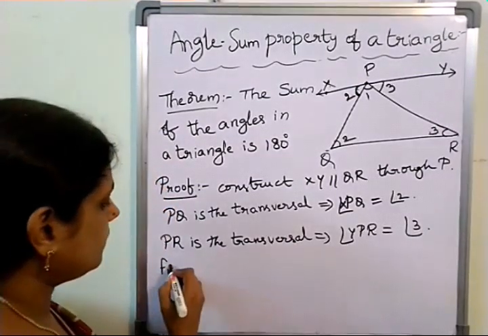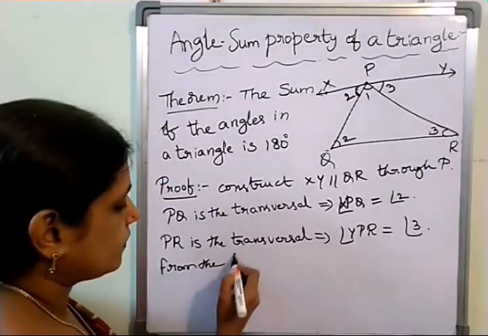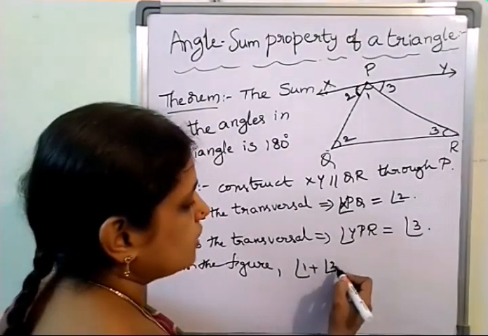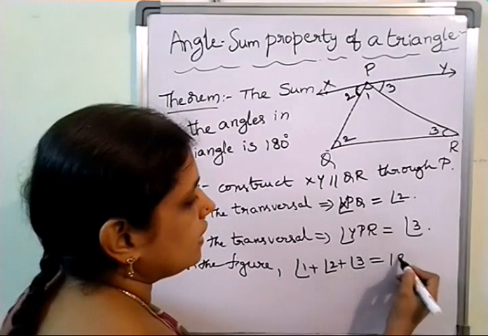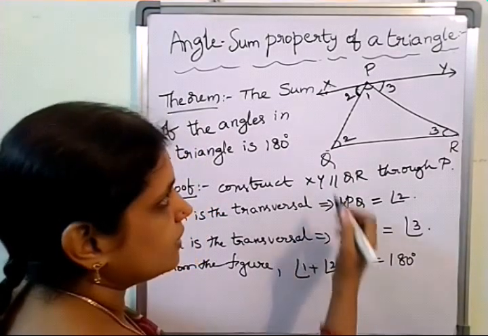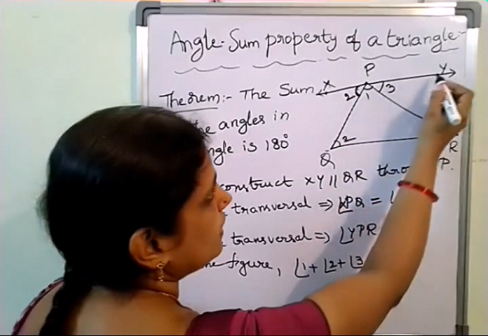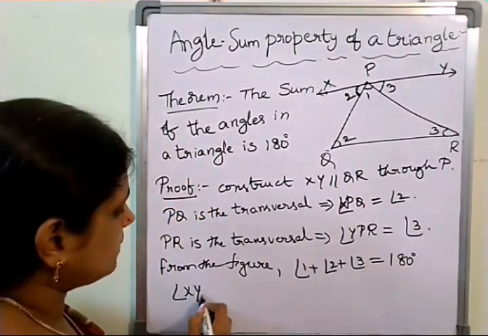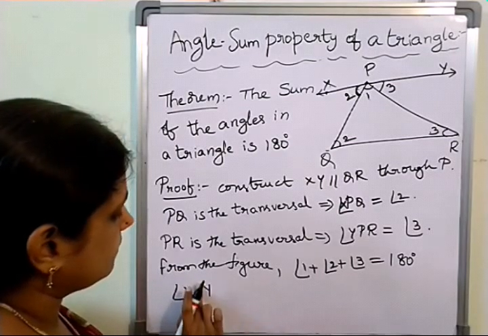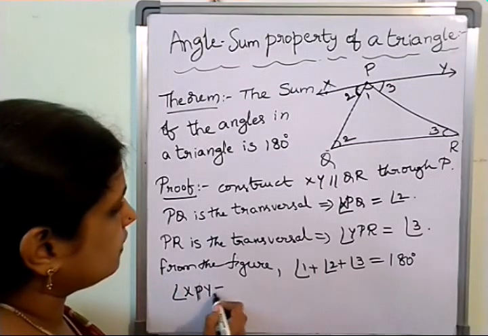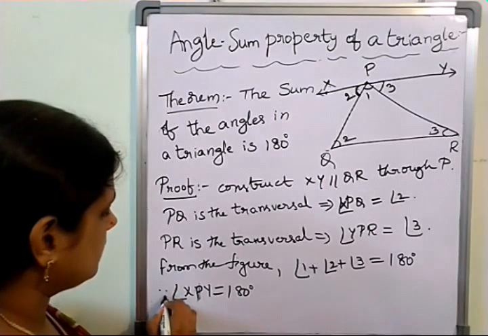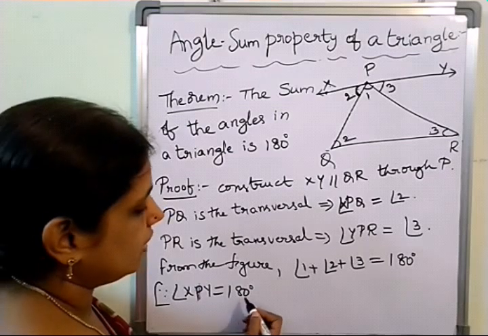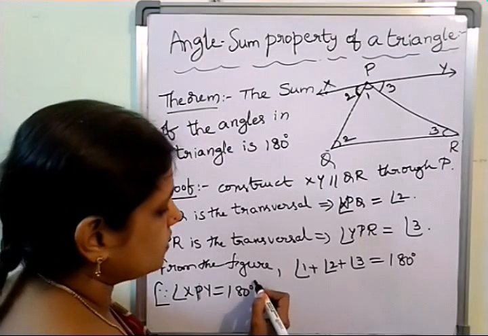Okay, so from the figure you can write that angle 1 plus angle 2 plus angle 3 equal to 180 degrees. That means what actually? Angle XPY, otherwise first you can write like that also, angle XPY equal to 180 degrees. Since angle XPY is equal to 180 degrees forms straight angle.